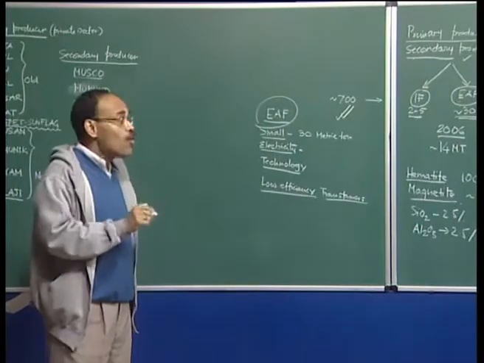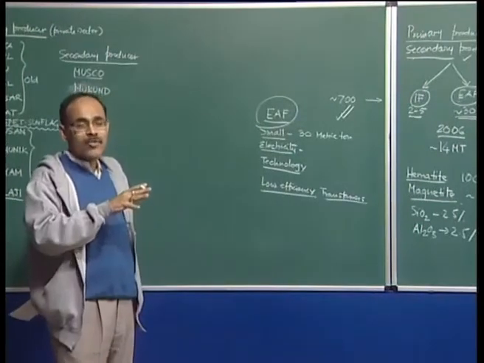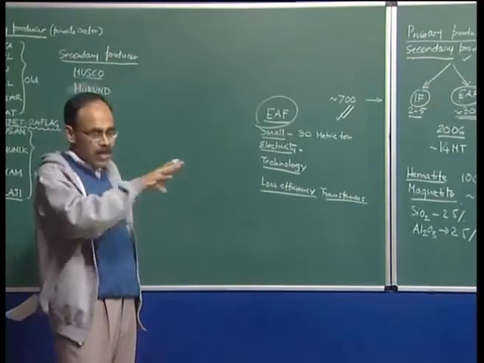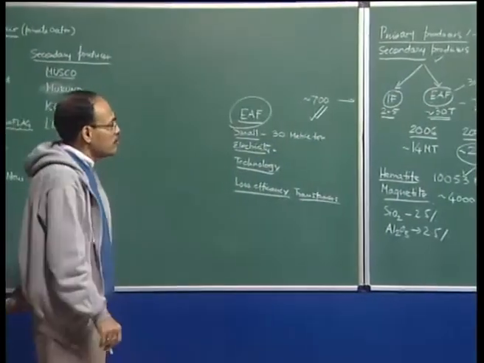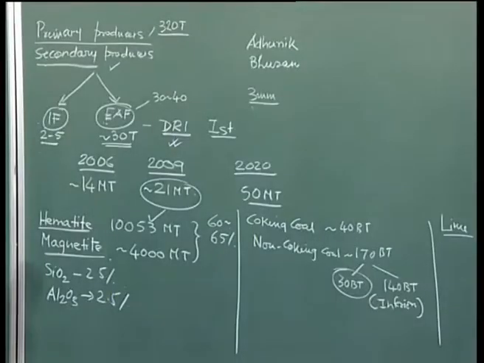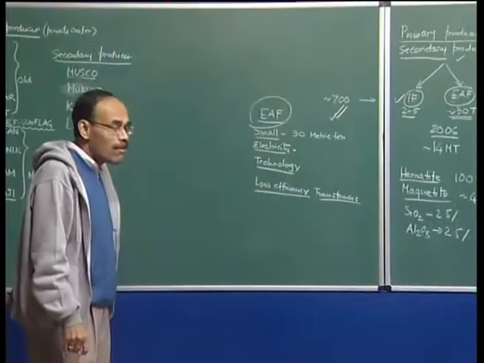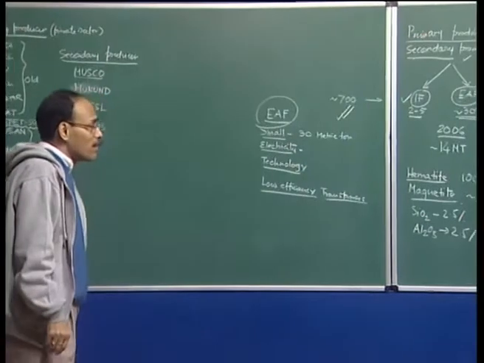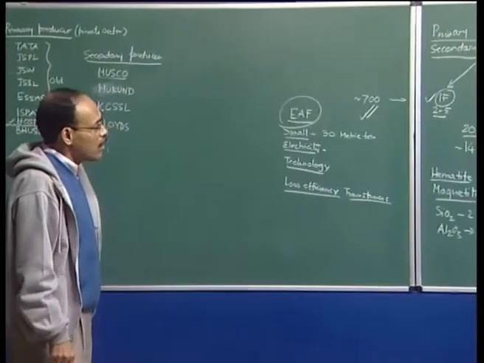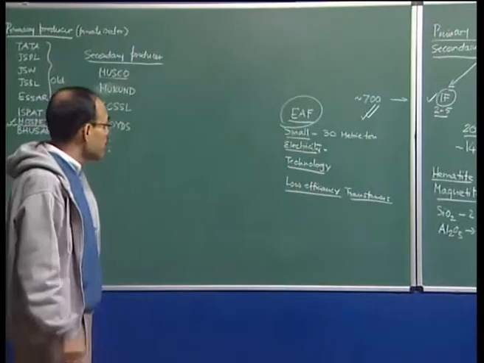So we need a small scale melting facility, without much capital investment, which can accommodate the DRI fines, and it is the induction furnace which can very elegantly do that. That's why people have found that making steel through an induction furnace is going to be relatively cheaper than setting up an EAF and trying to do the same thing.